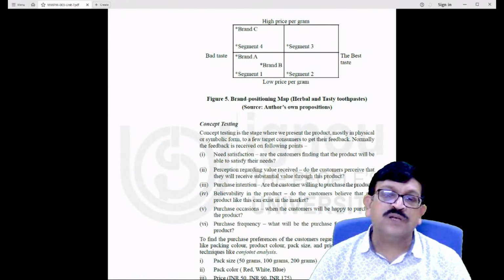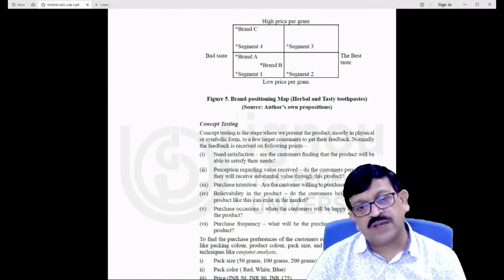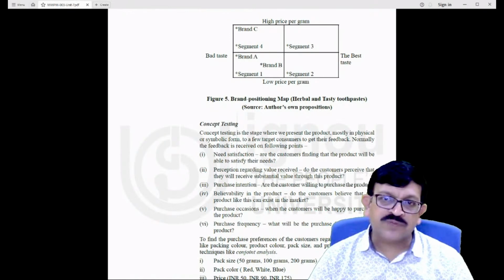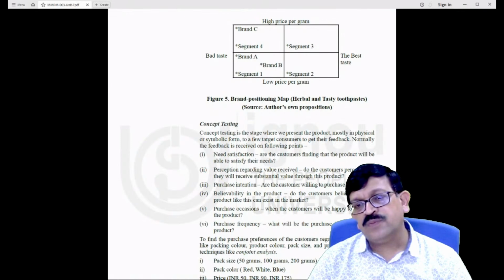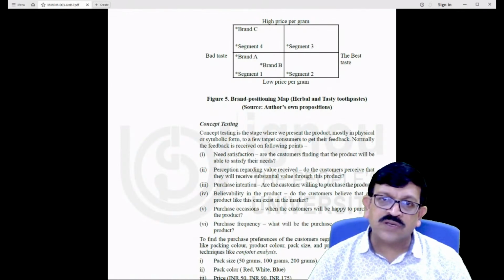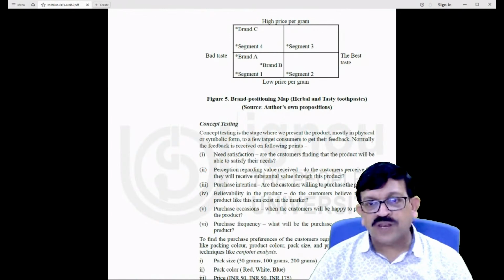And of course, the purchase occasion. What kind of occasions would the customer like to buy on? Like you might find that things like watches are more given as gifts, on certain occasions. And what is the purchase frequency? The purchase frequency primarily depends on the nature of the product. Obviously for consumer goods the frequency would be higher, depending upon the usage pattern. For consumer electronics or shopping goods, it is not very high.